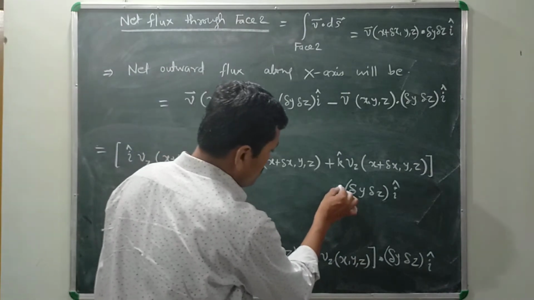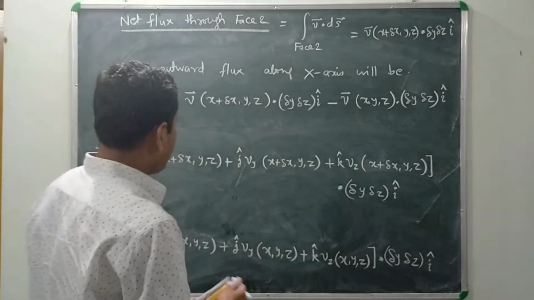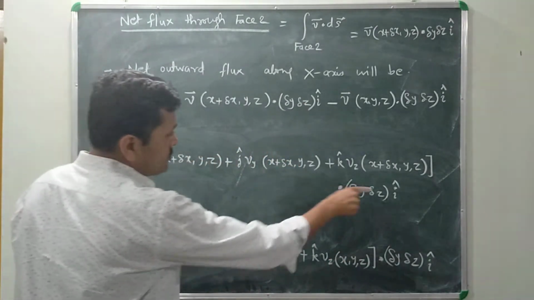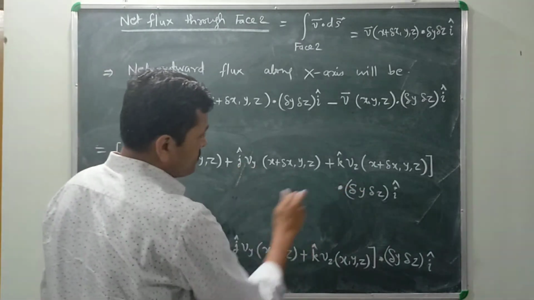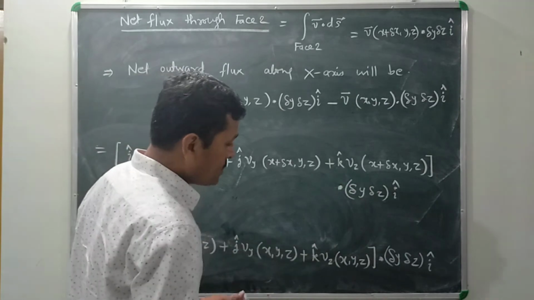Now this is dot product, this is dot product, and you know that i cap dot i cap will be 1, j cap dot i cap will be 0, k cap dot i cap will be 0.